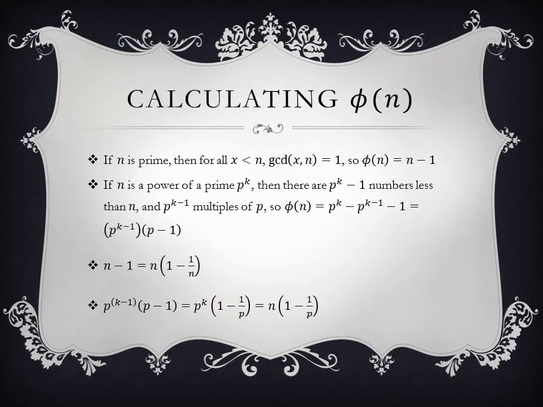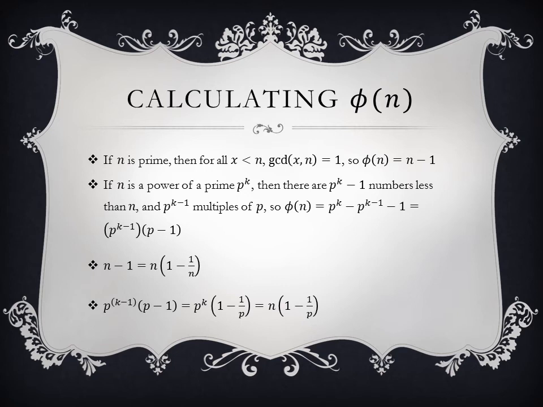We've figured out the answer to our original questions, but we still need to know how to calculate phi of n. If n is prime, then phi of n is n minus 1, because every number less than n is relatively prime to n. If n is a power of a prime number p, then all the numbers less than n are relatively prime to n except for the multiples of p.